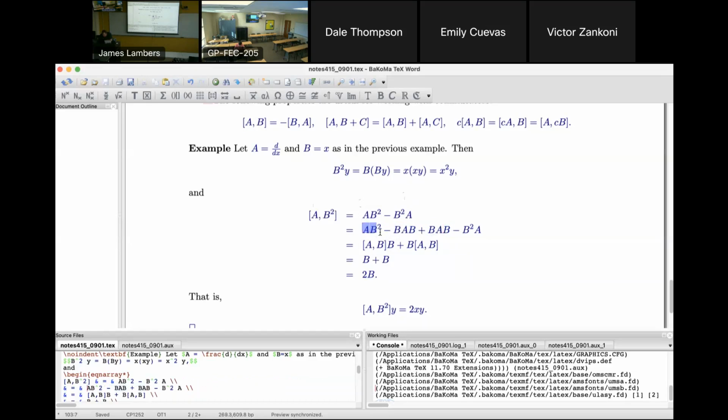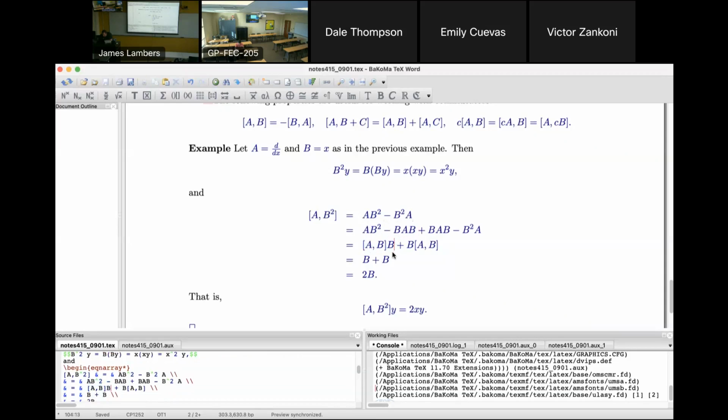I'm doing that because here I have AB as a factor on the left, and here I have AB as a factor on the right. But here I have AB times B, and this is B times AB. They're multiplied in reverse order. Or another way of putting it: if I factor B out to the right, what's left is AB minus BA.